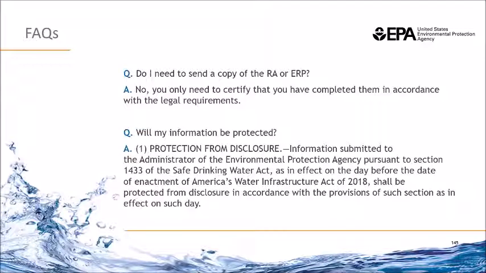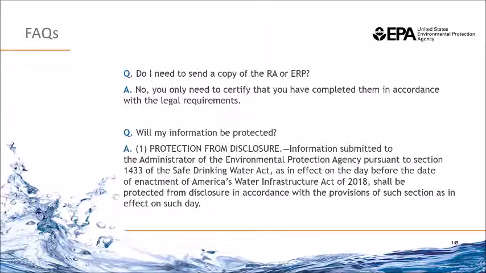Will my information be protected? Information submitted to the Administrator of the Environmental Protection Agency pursuant to Section 1433 of the Safe Drinking Water Act shall be protected from disclosure in accordance with the provisions of such section as in effect on such a day. So in general, your information is protected, but please note that EPA does have the authority to review the materials you've created.